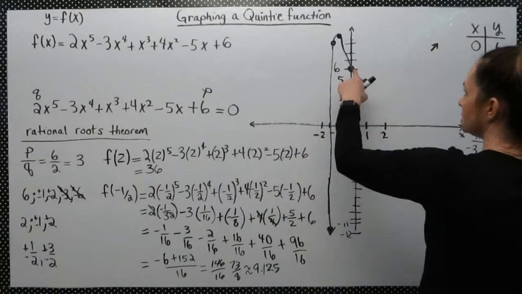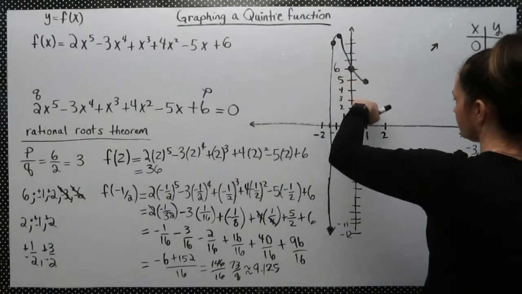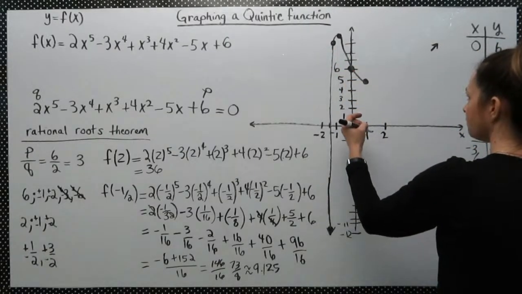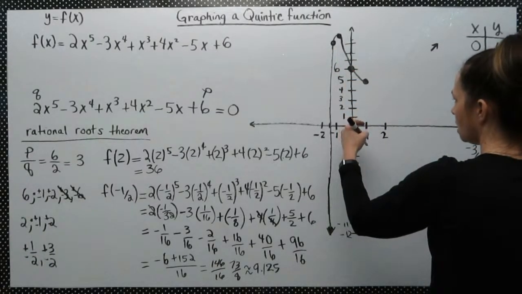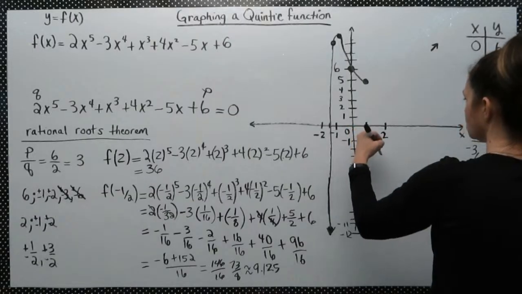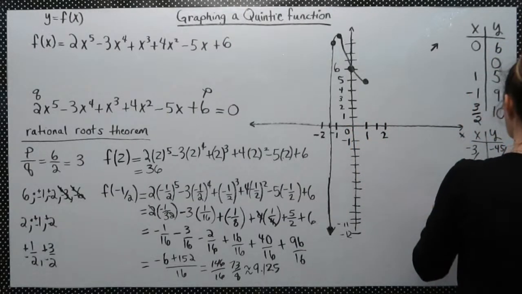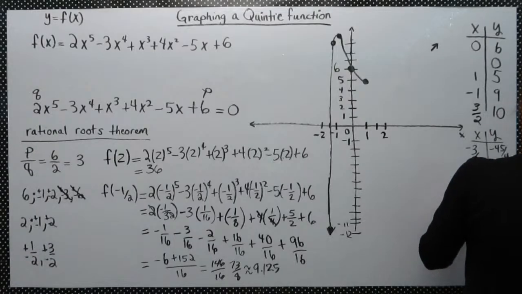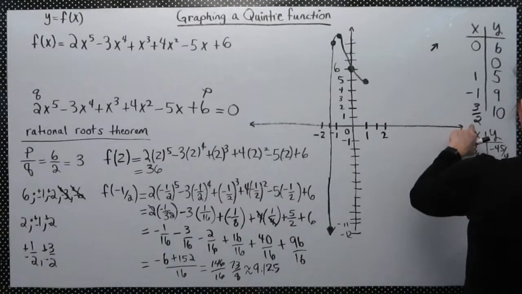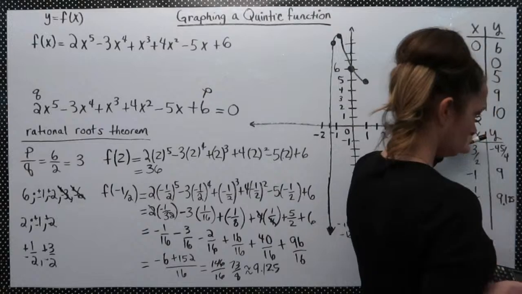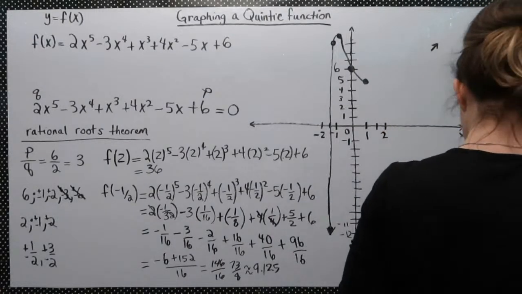Regardless, so we have the 0, we have a maximum. So what we're going to have to do is figure out what it's doing at positive 3 halves. Wait, we already know that, don't we? Did we already do this one? Positive 3 halves is 10.